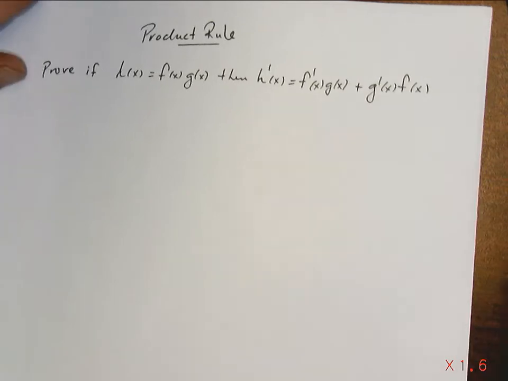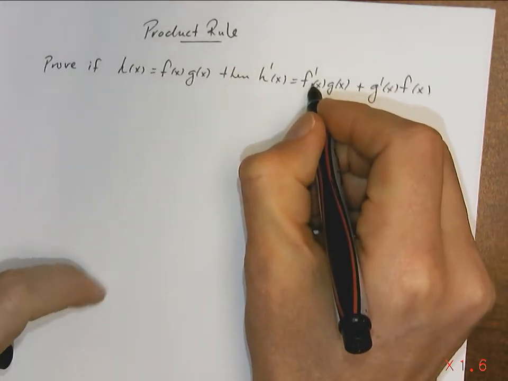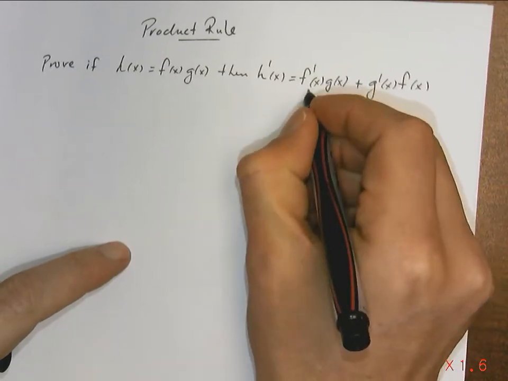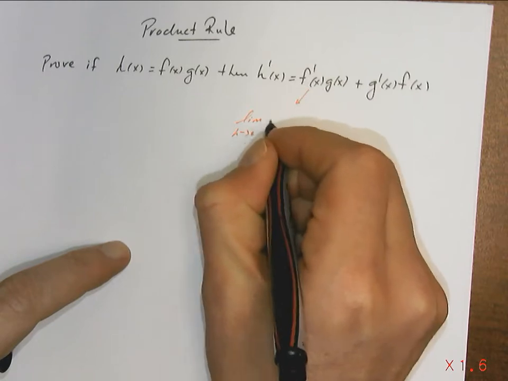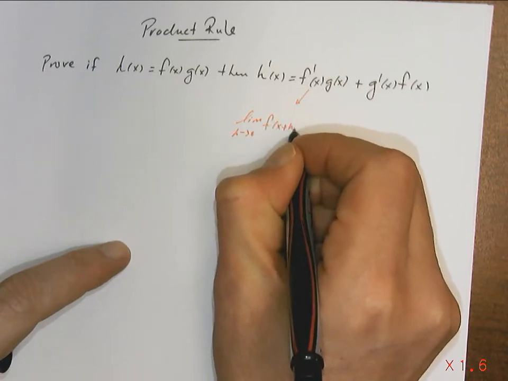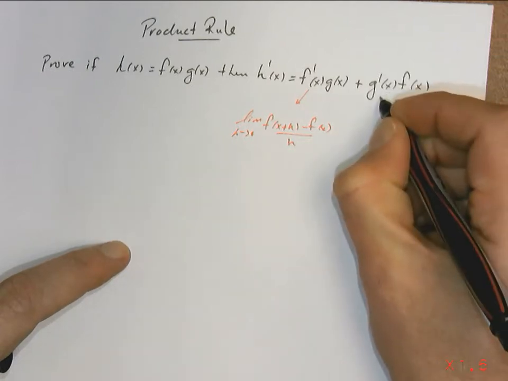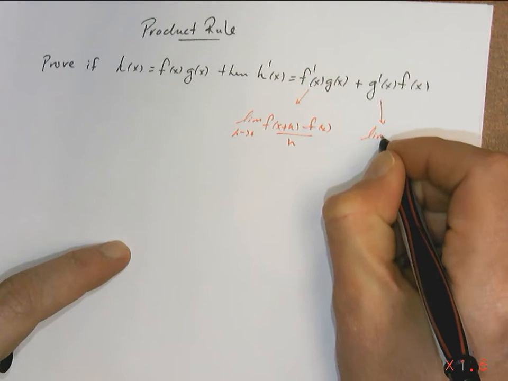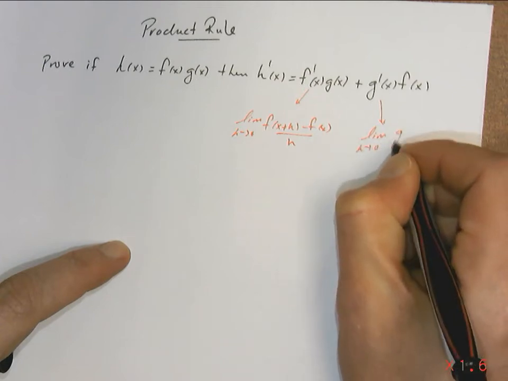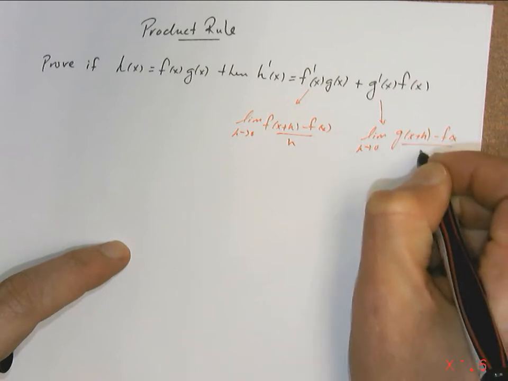Now, do you see this f prime of x? F prime of x, by definition, is given by the limit, as h approaches 0, of f of x plus h minus f of x over h. And this guy here, by definition, is the limit, as h approaches 0, of g of x plus h minus g of x over h.